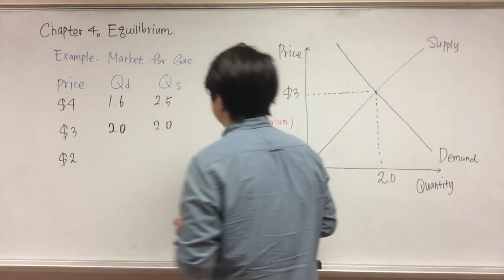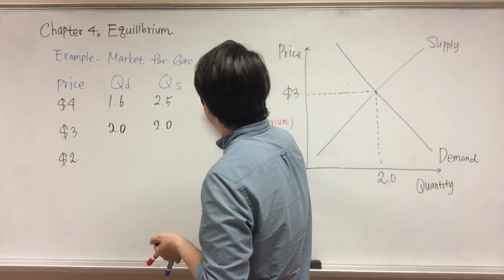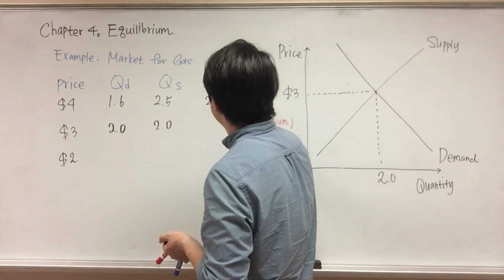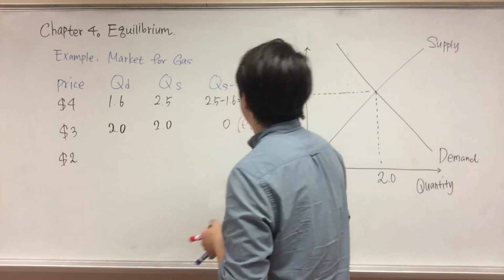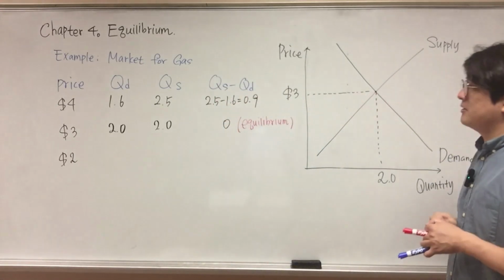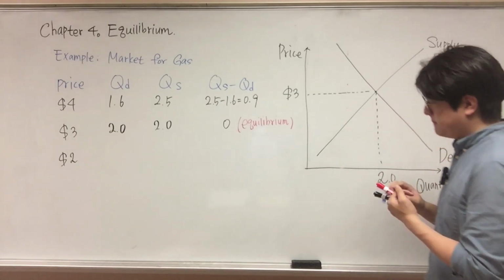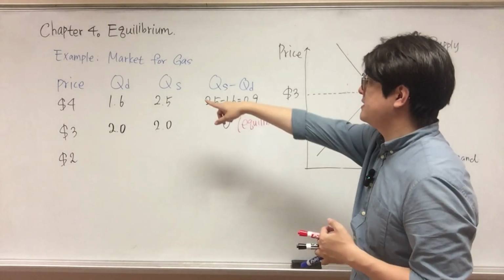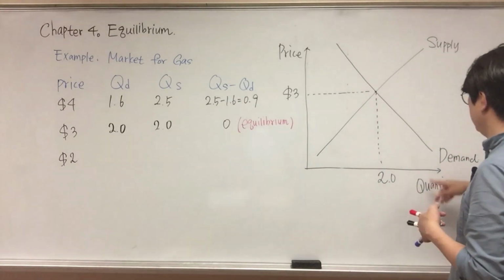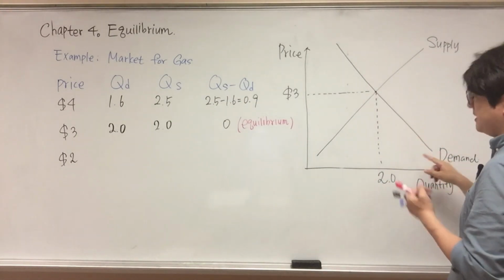The difference between the two is 2.5 minus 1.6, which will be 0.9, right? Let's draw the graph here.